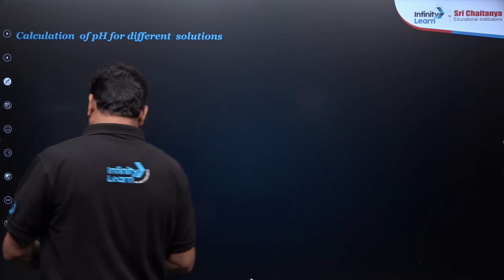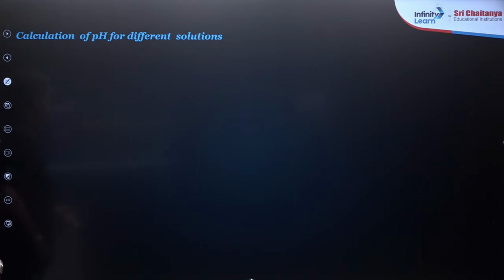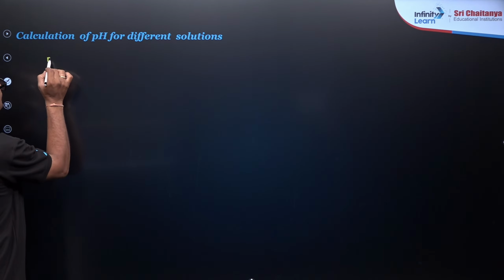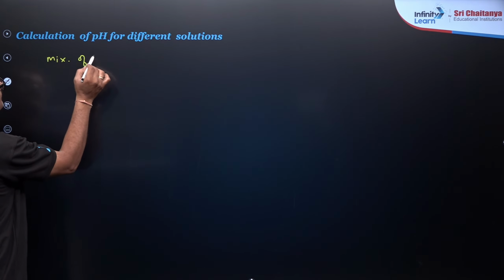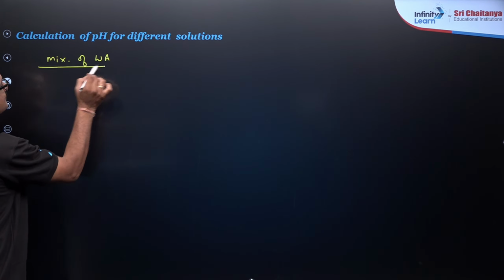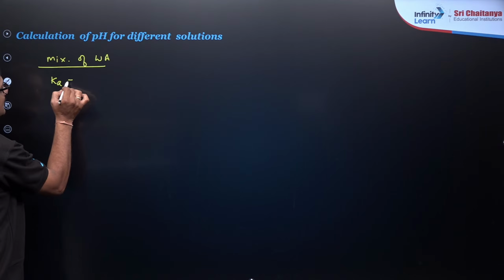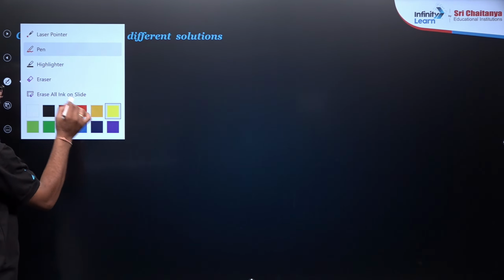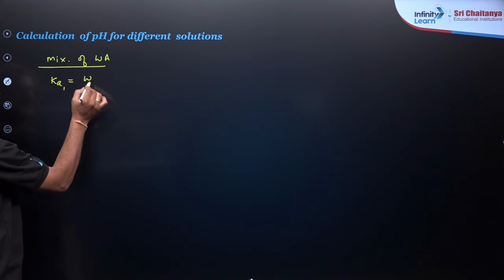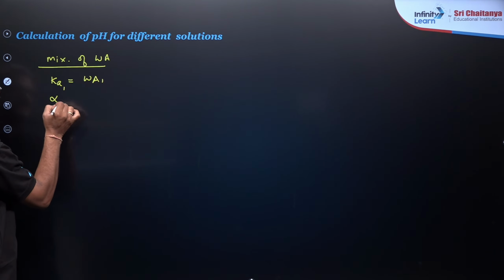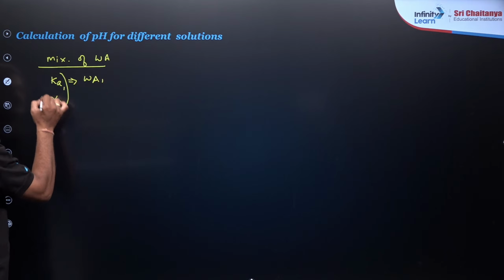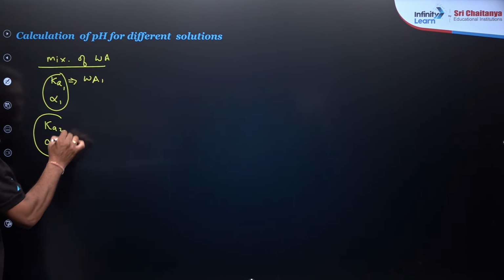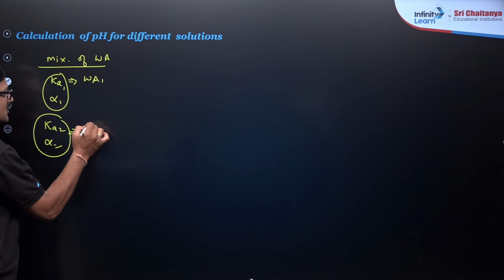Now moving ahead, calculation of the mixture of weak acids. Ka1 is the acid dissociation constant of weak acid 1, and its degree of dissociation is alpha 1. And Ka2 and alpha 2 are for weak acid 2.